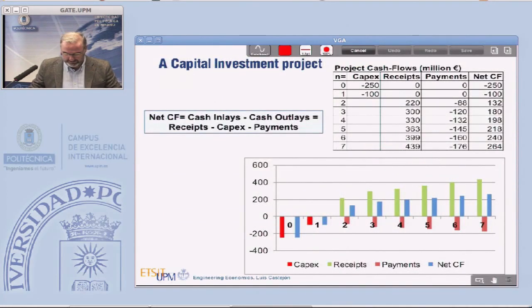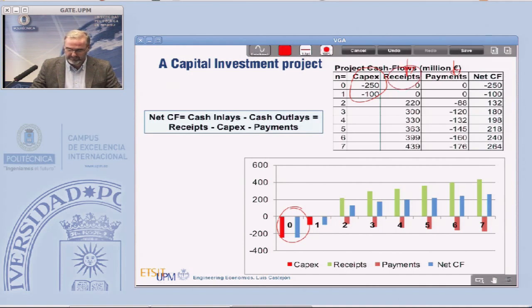Just to remember, the capital investment project is composed of a capex, which has a negative sign. Usually those capex are used in the first years of the project to invest in the assets, and then in the future we have both receipts and payments, which are inlays and outlays.